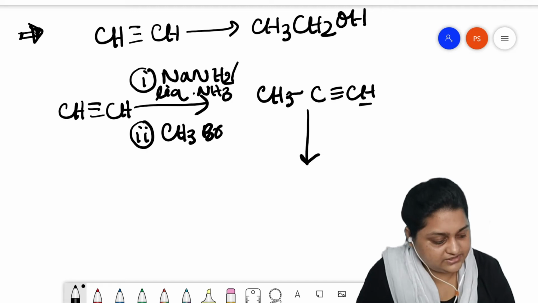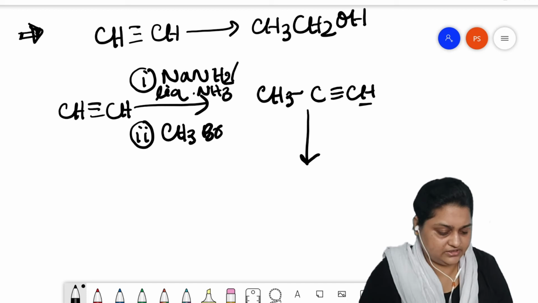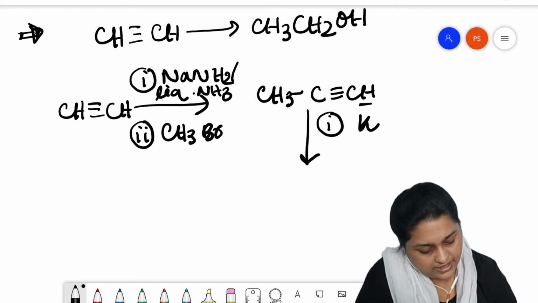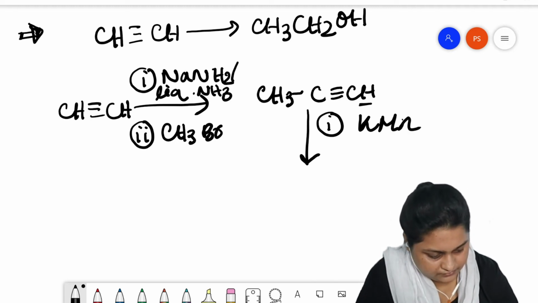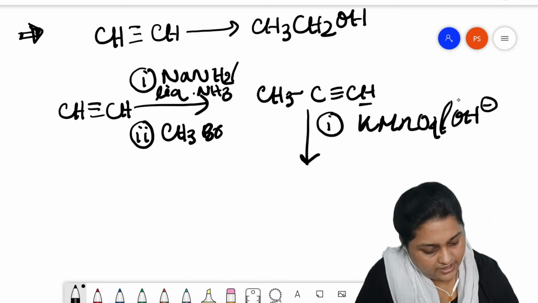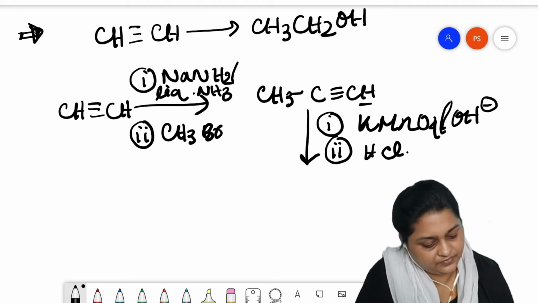There is an acidic hydrogen present still, but in this step we will oxidize this alkyne with alkaline KMnO4 solution, and then acidify the solution after this reaction.